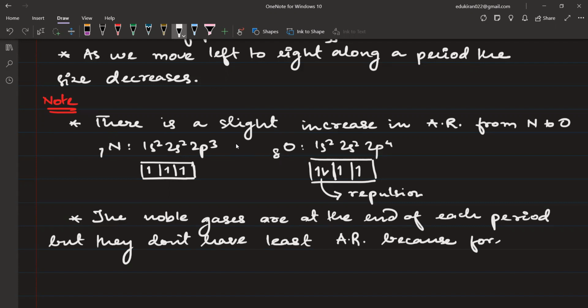Because for noble gases, we use van der Waals radius.